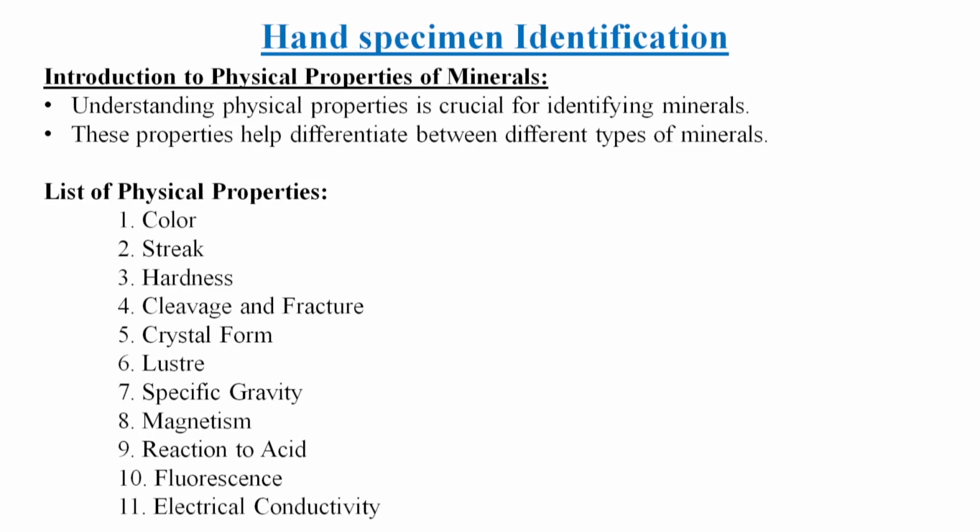For the rest it is not diagnostic. Same as that, streak could also become a diagnostic feature of a mineral, but again there are several minerals which show the same kind of color of the powdered form of that mineral.